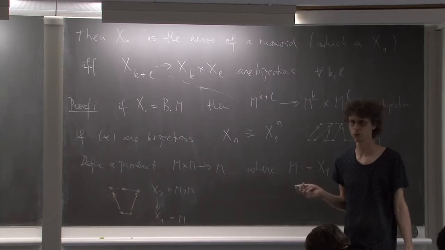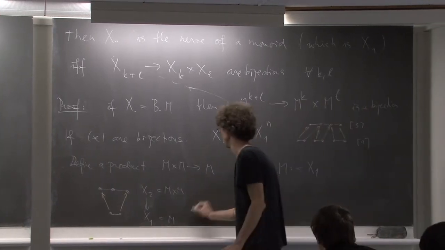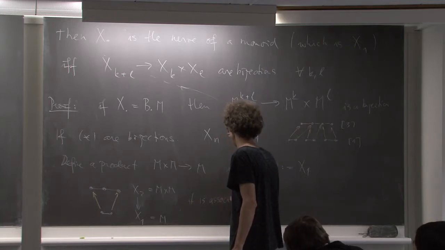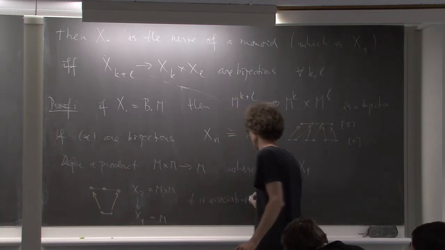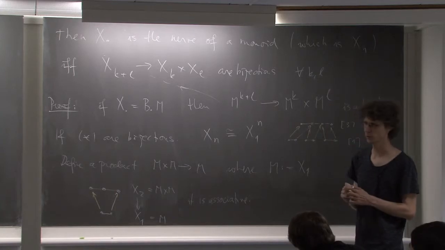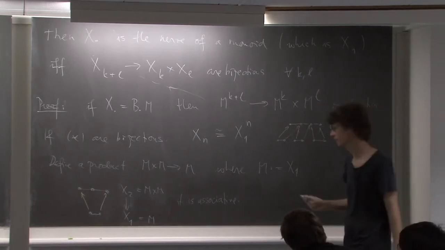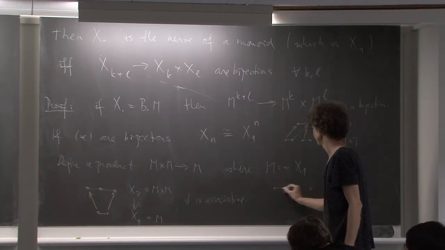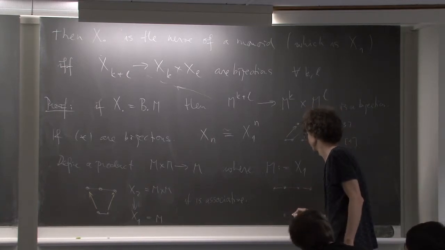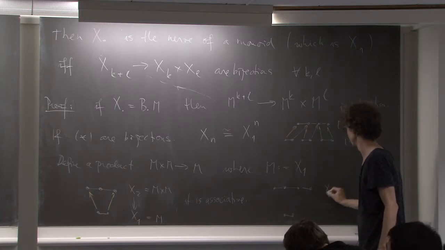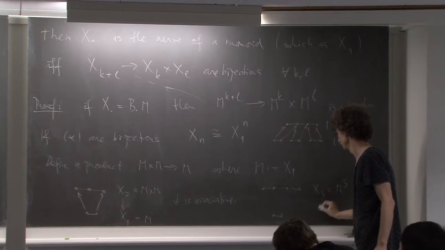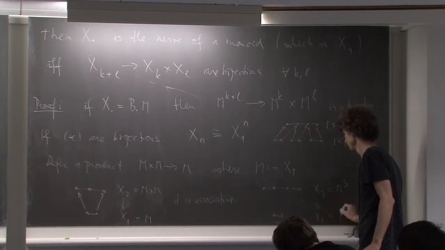Now that product is associative. Why is it associative? Just consider what's happening with X_3. So we take that thing. Let's go from X_3, which is m cubed, to X_1, which is m.